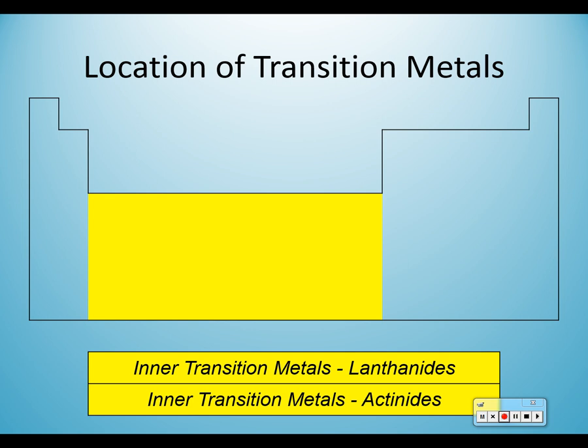The top row is sometimes called the lanthanides or the lanthanide series because the first row starts with the element lanthanum. The second row on that bottom part is sometimes called the actinides or the actinide series, because the first element in that row is actinium.